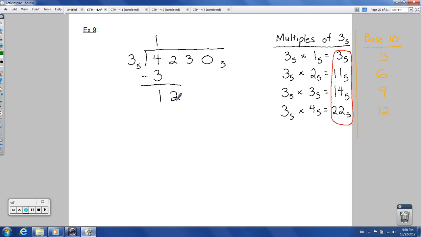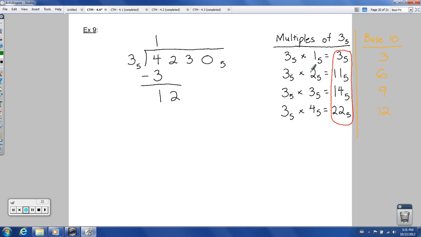Okay, this is where it starts to get a little tricky. So 3 base 5 goes into 12 base 5 how many times? We need to look over here at our list of multiples. What is the biggest product that's less than what you see here? Less than or equal to. If you say it's 11 base 5, that's the correct one. So we look at this. How much do I multiply 3 base 5 by to get 11 base 5?